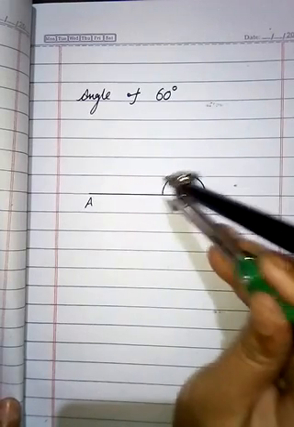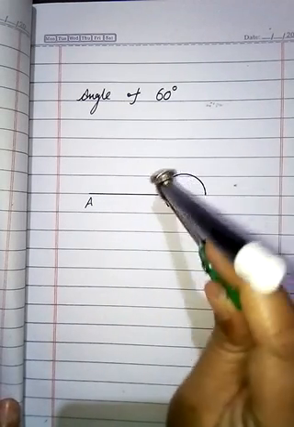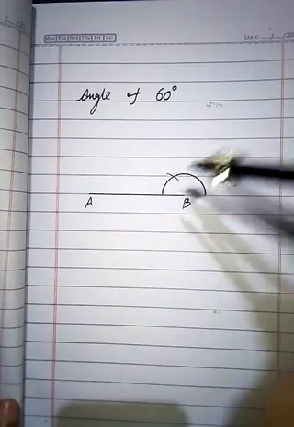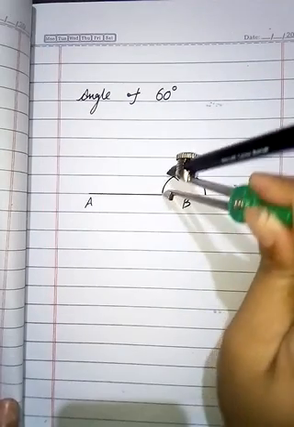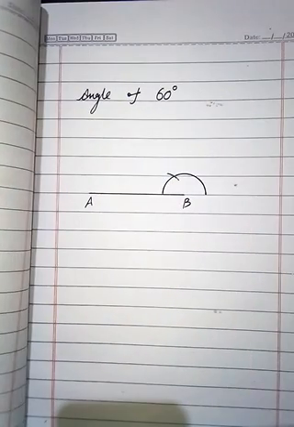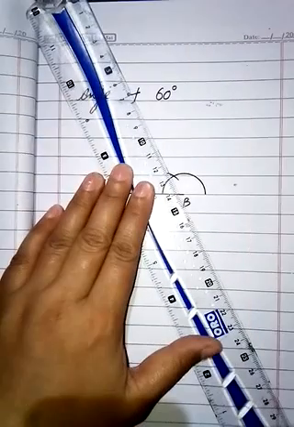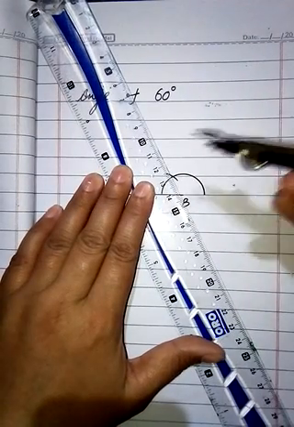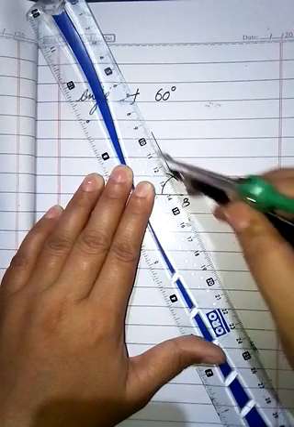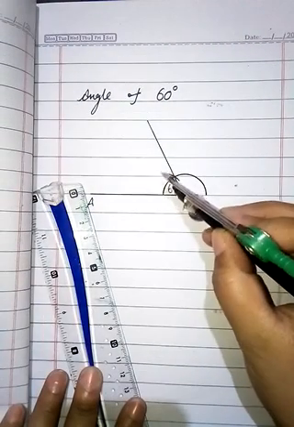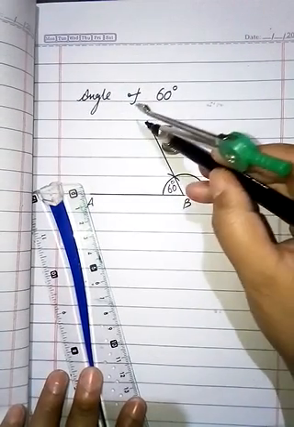Now put compass at 0 degree. This is 0 degree. Now draw the first arc. First arc, you know, equals to 60 degree. Now you have to join this intersection point like this. Now this will be the angle of 60 degree.